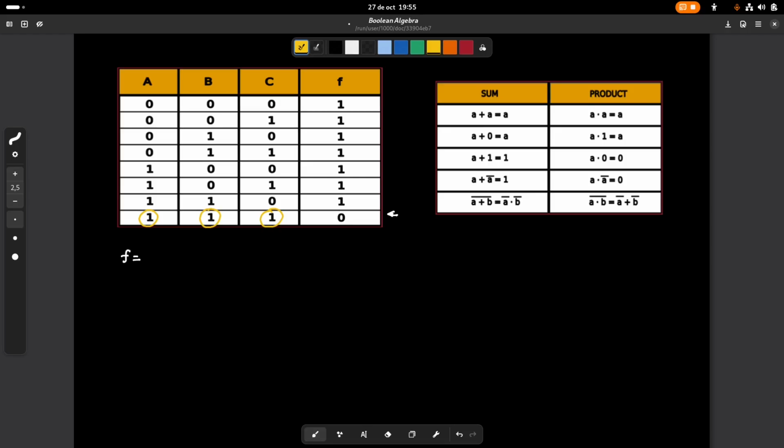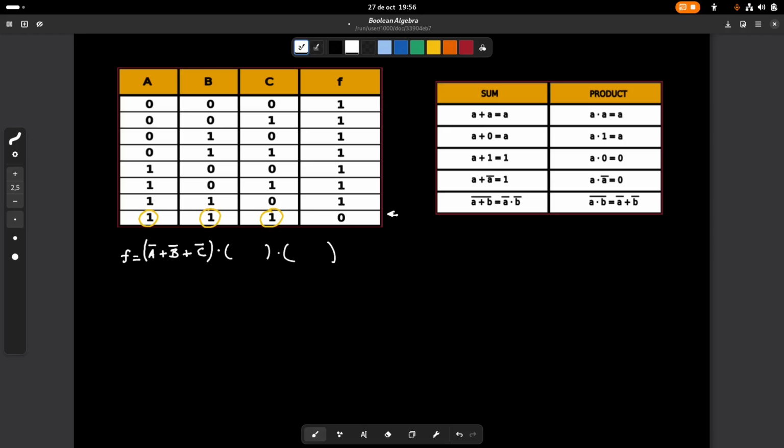In this case, I will write A negated, not A as in the previous case, but A negated, or B negated, or C negated. If I had another row which produces a 0 in the function, I will write it here ANDed with this one, and so on.